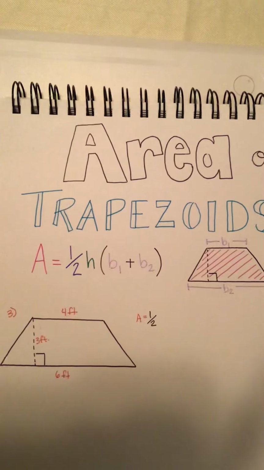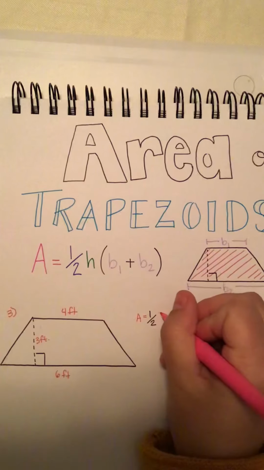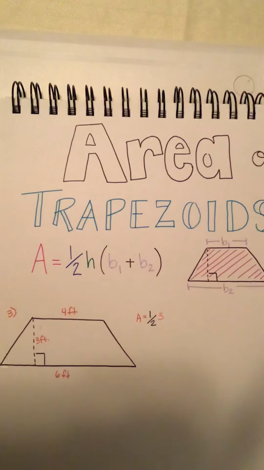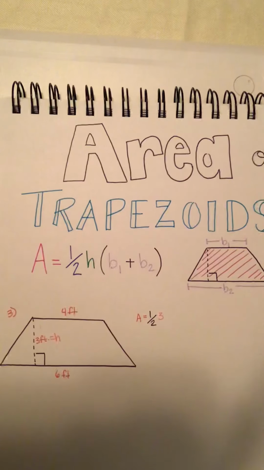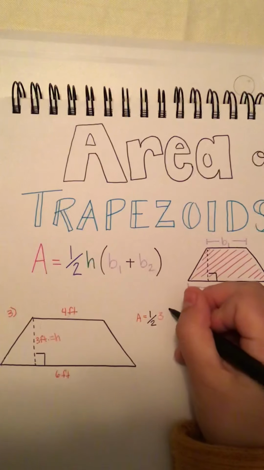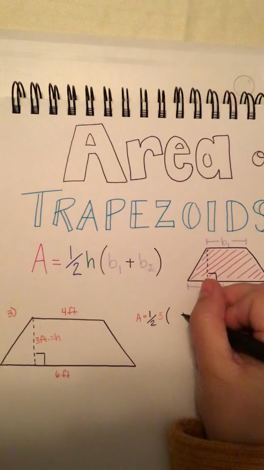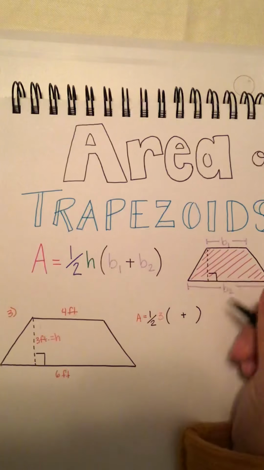I'm not going to use yellow. You're not going to be able to see that. Let's use pink. Okay, 3. Okay, now that's my H. 3 feet equals H. Now I'm going to take my parentheses, and remember, when we have parentheses, we follow the rule of PEMDAS.